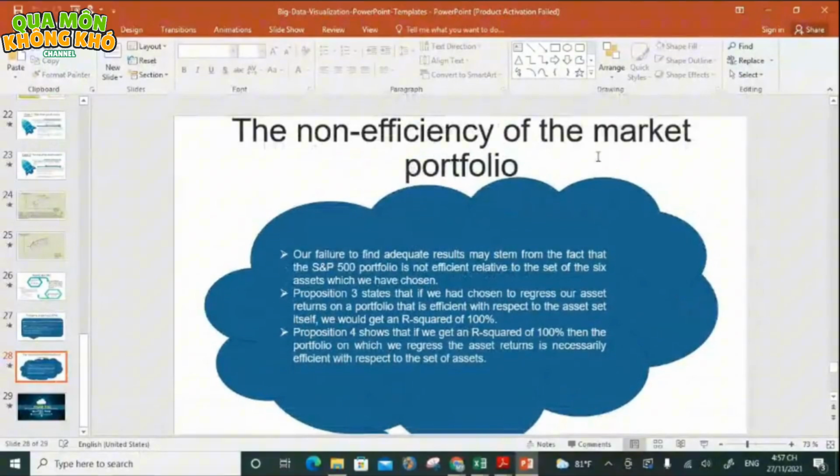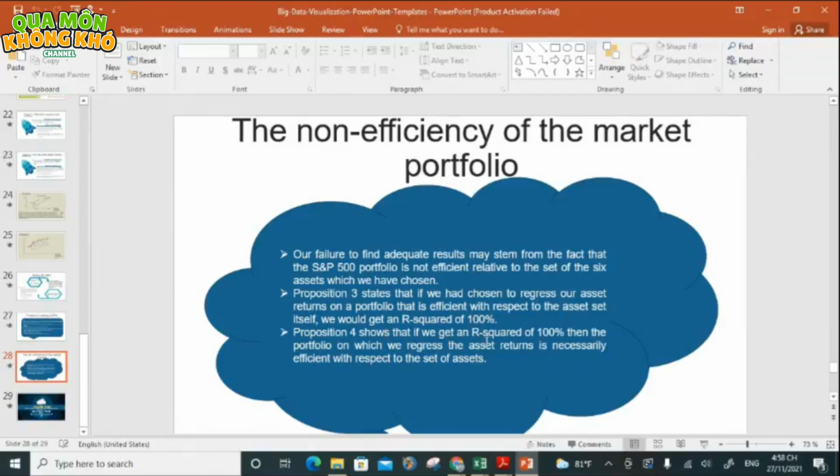So the non-efficiency of the market portfolio, the fact that our S&P 500 portfolio is not efficient, is related to the set of 30 assets which we have chosen. And as in the presentation, proposition 3 in chapter 9 states that if we had chosen to regress our assets' returns on a portfolio that is efficient, that is our mysterious portfolio that I have presented, we would get an R square of 100%.